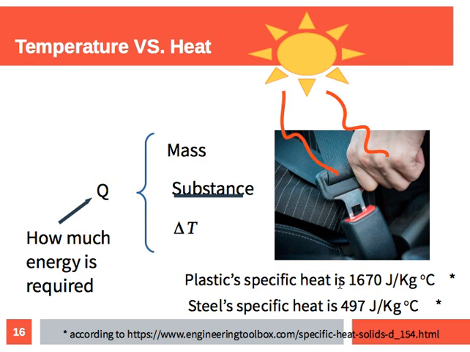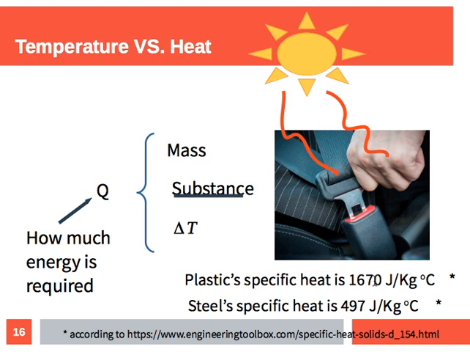Well, this means that in order to increase the temperature of the plastic, you need more energy than the energy that you need to increase the temperature of the steel. That's what this number tells you.